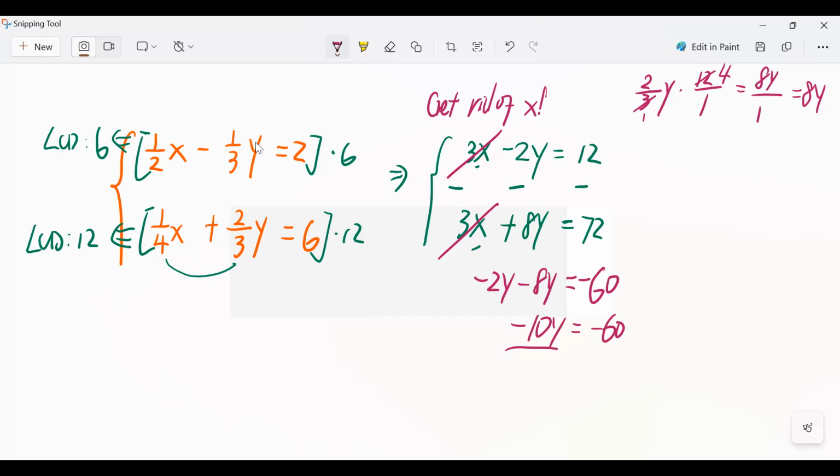We divide both sides by negative 10, and y equals 6.